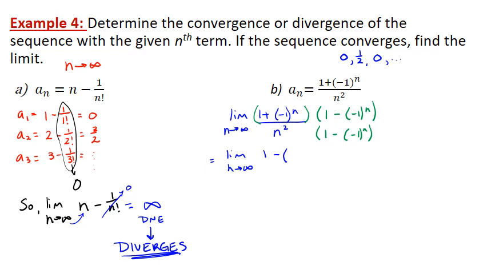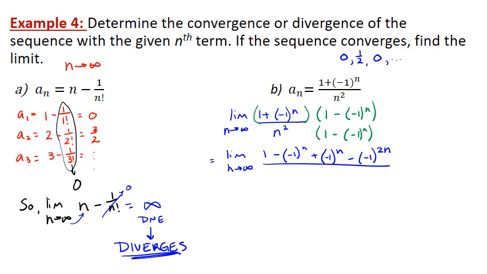minus, so this and this, plus negative 1 to the power of n minus a negative 1 to the power of 2n. Because if we have the same base, we add the exponents to get that 2n.